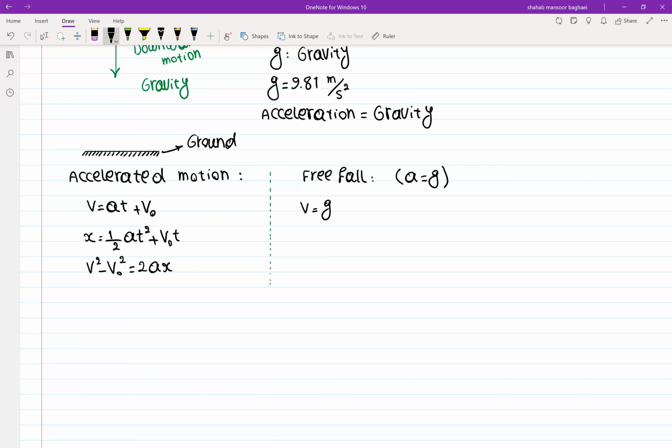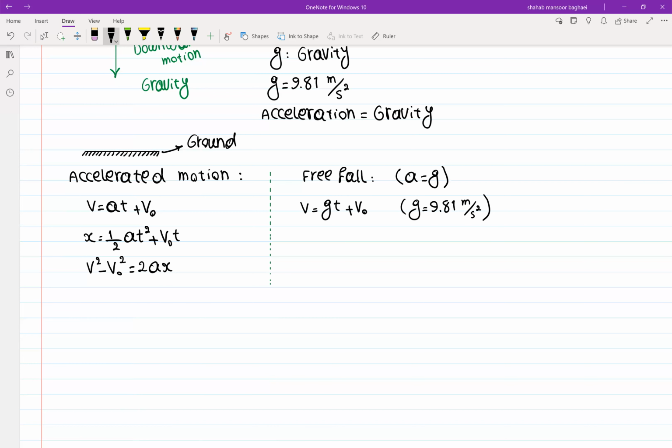That's constant, and it is always a unique number. v equals gt plus v0. This is the first equation for free fall. g is 9.81 meter per second square. It is always this number. But you can have different numbers if you are close to different planets. I'll talk about it later.